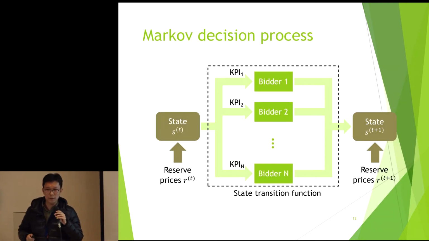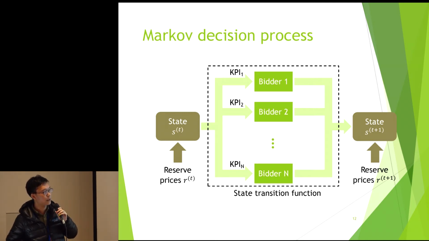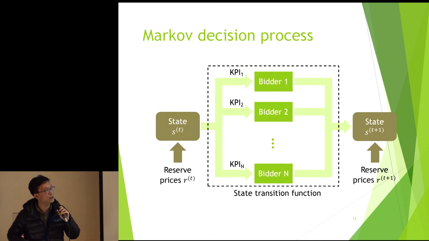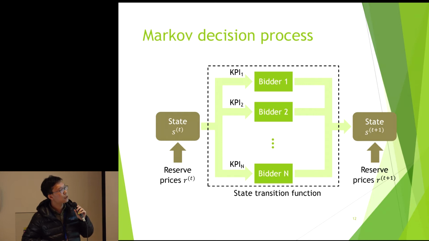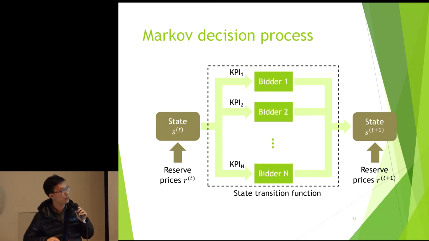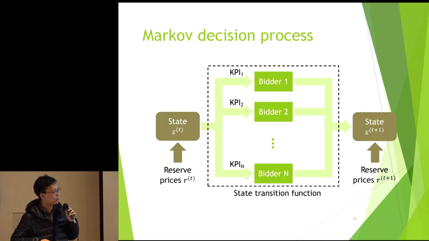So with this kind of Markov behavior model, we can formulate the dynamic mechanism design problem as a Markov decision process. The environment is just the set of the bidders, and the state of the environment is the joint bid distribution of the bidders, and our action is to set a reserve price for each bidder.